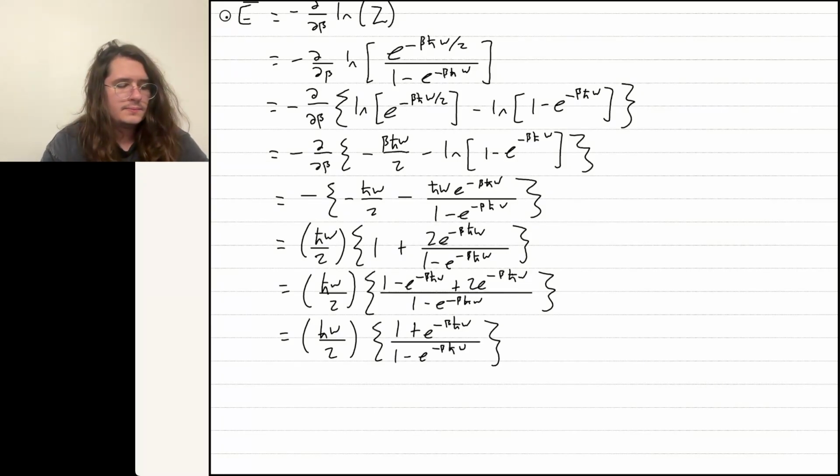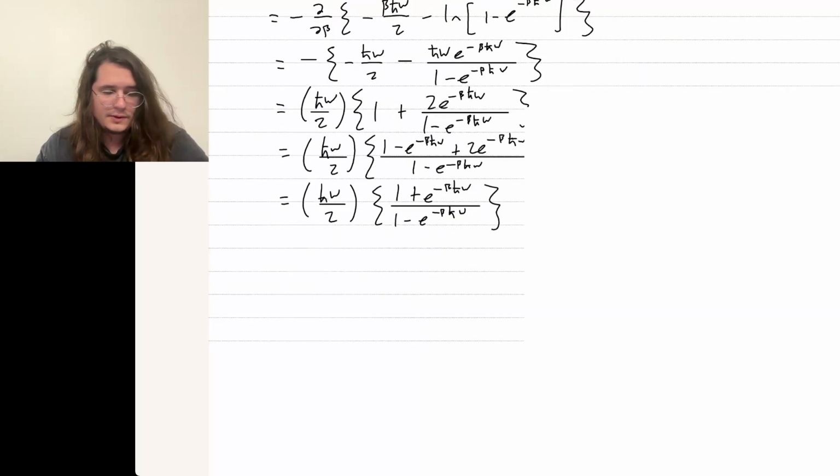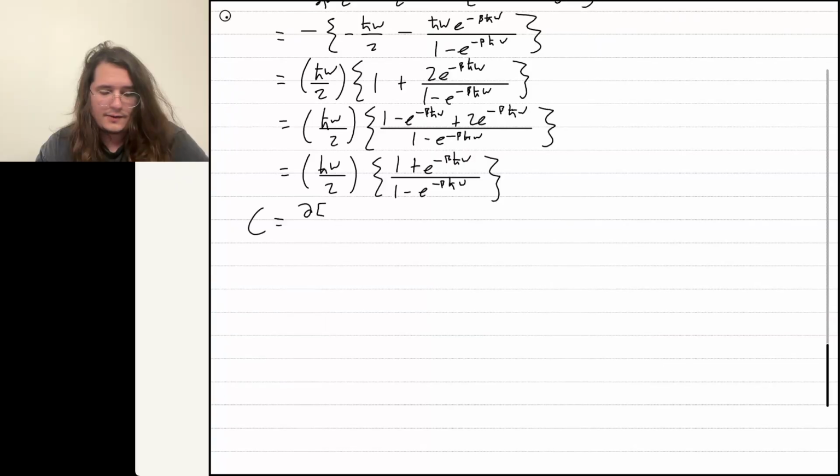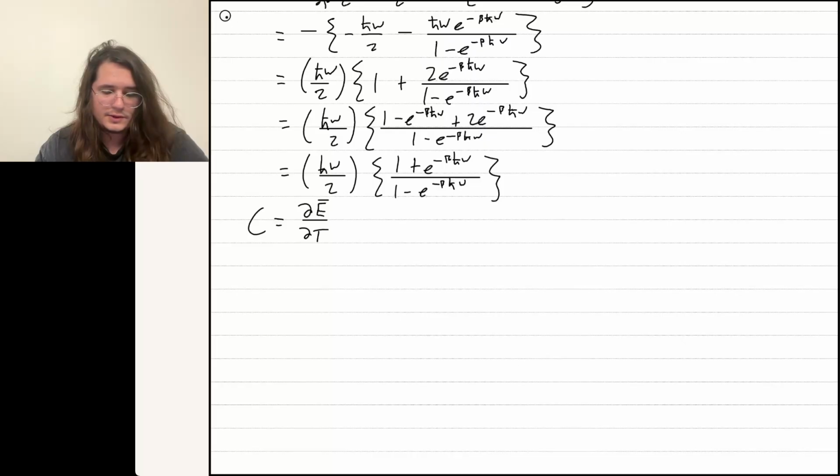Cool. Next, a crystal consisting of n atoms can be thought of as a collection of 3n oscillators. The heat capacity of the crystal per atom will therefore be the derivative of the average energy with respect to temperature, where this is the average energy that we just calculated, remember?